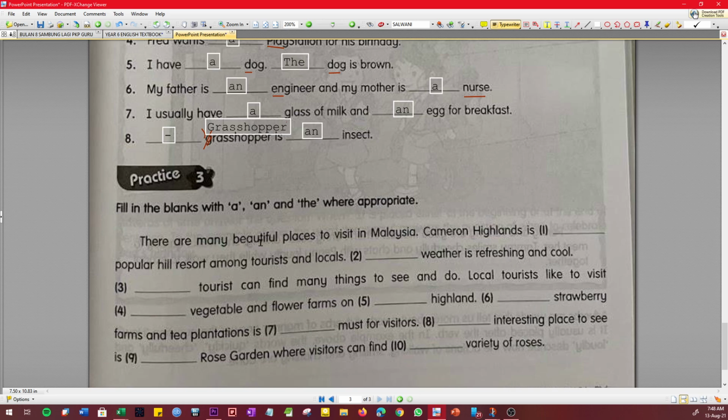There are many beautiful places to visit in Malaysia. Cameron Highlands is, remember, Cameron Highlands, there is S. Cameron Highlands is popular hill resort. So, what is the answer?